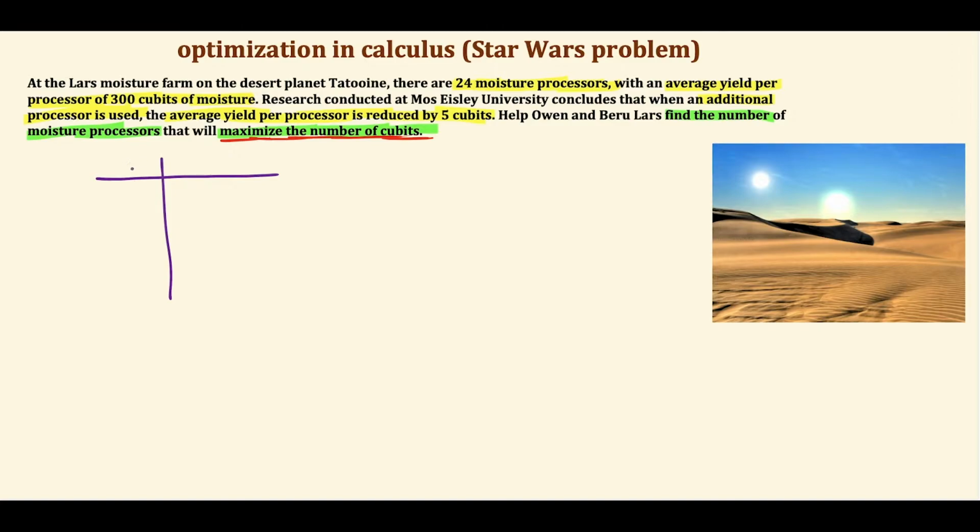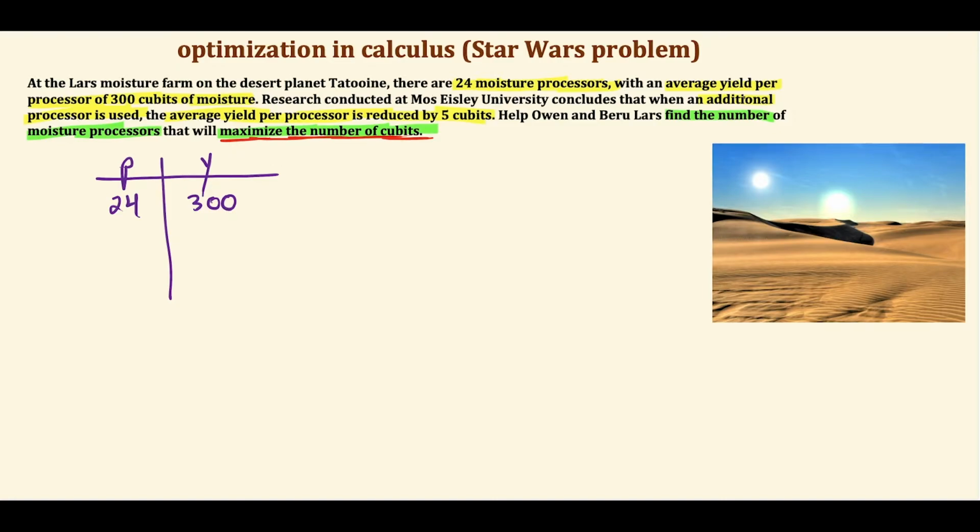What helped me get started was I looked at the number of processors, and then I called the number of processors P, and Y was the average yield per processor. So if we look at this here, P equals 24. When we had 24 processors, there was an average yield per processor of 300 cubits of moisture.